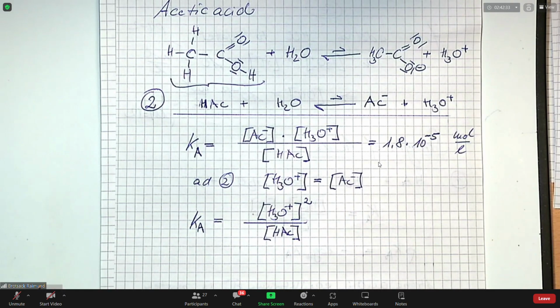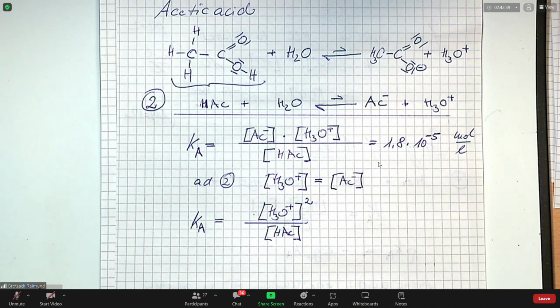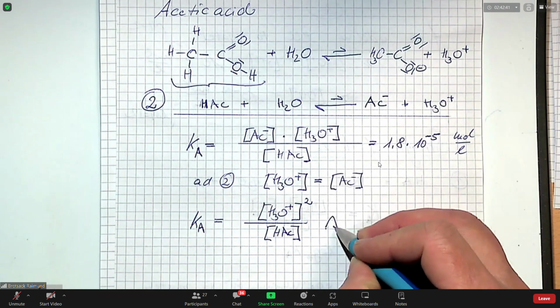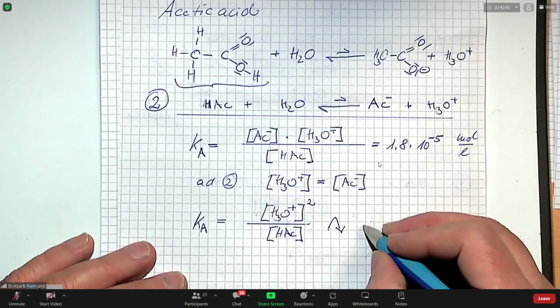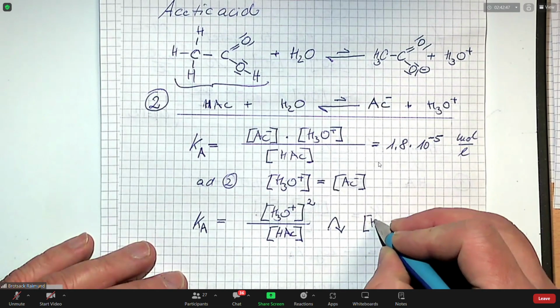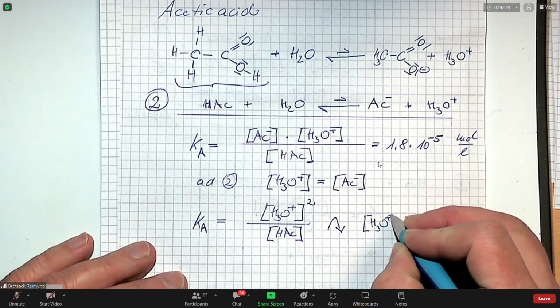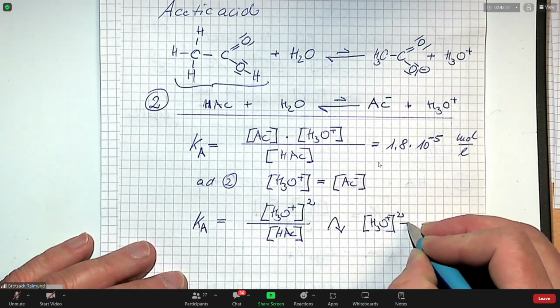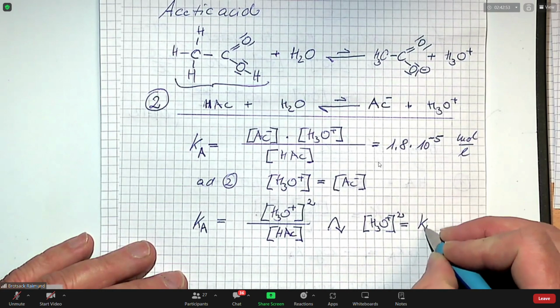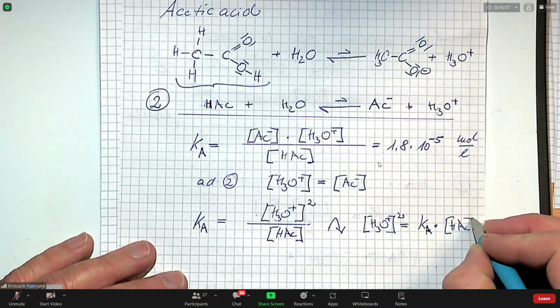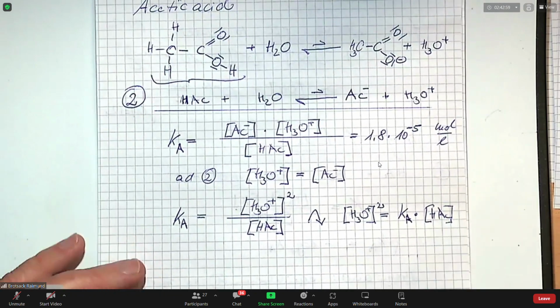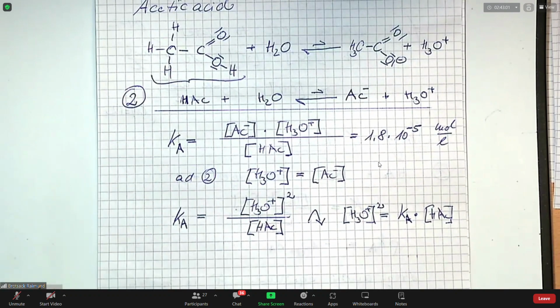It looks now a little bit more clear. Now, when we have a look at the H3O plus concentration, we say H3O plus squared is Ka times the concentration of HAc. It's just mathematical transforming this to that.